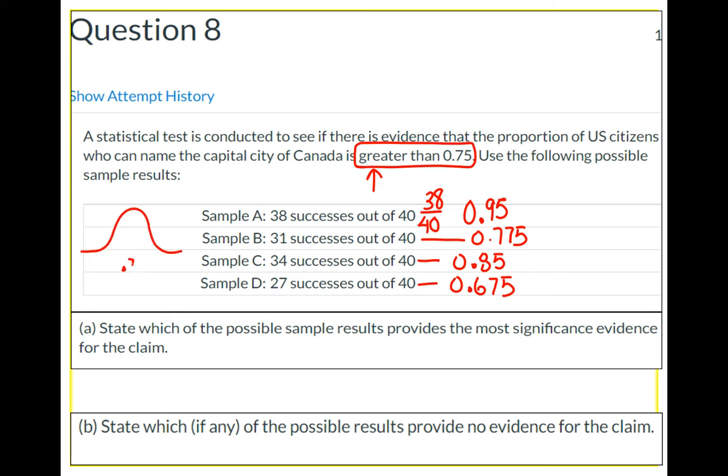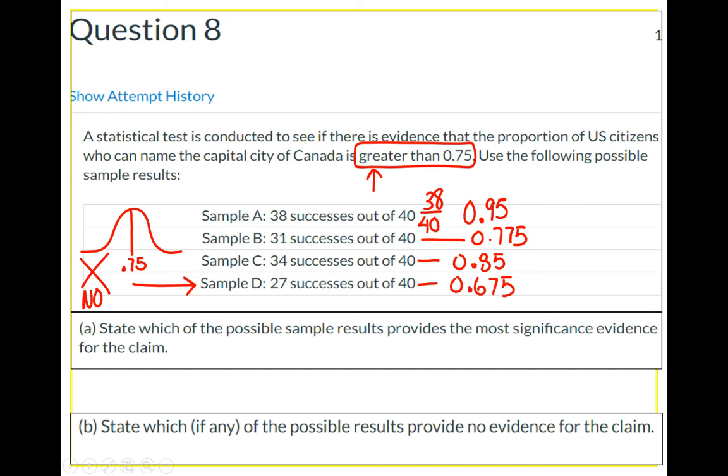middle of it is 0.75, because remember the null hypothesis, nothing going on, is where the center is. I want greater. I want the number that is as big as possible past 0.75. I do not want anything over here because that would provide absolutely no evidence at all, because it's the wrong direction.